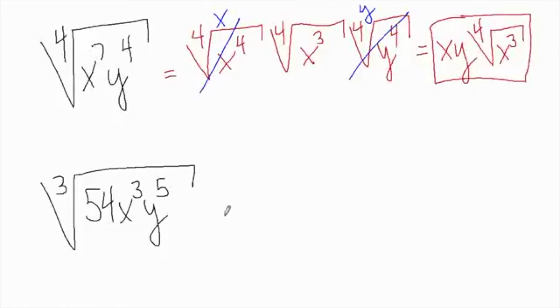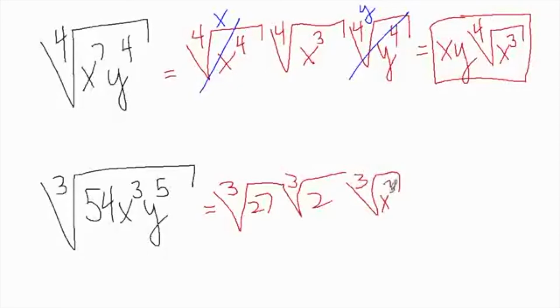All right? And then for the last one, the cube root of 27 times the cube root of 2 times the cube root of, let's say, the x cubed is already something that we can do, so we don't really have to work to modify that. So let me keep that as the cube root of x cubed.